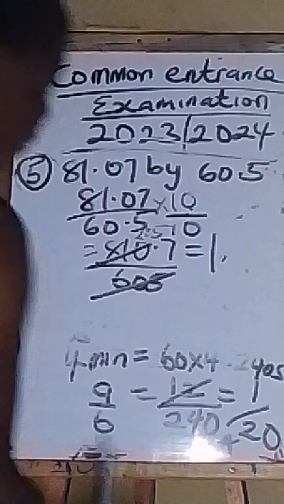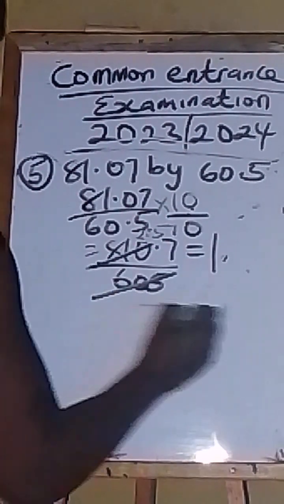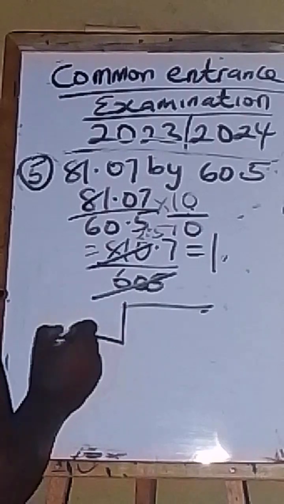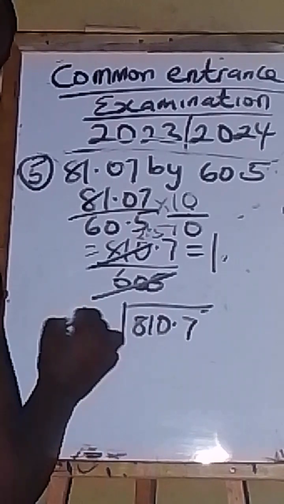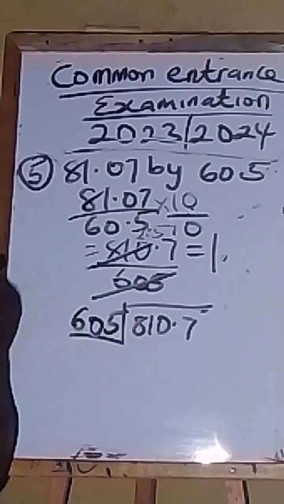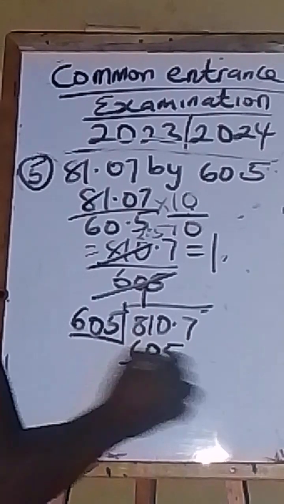You can do the long division method too. We have something like this. 810.7 divided by 605. We have 1. Multiply it by this.